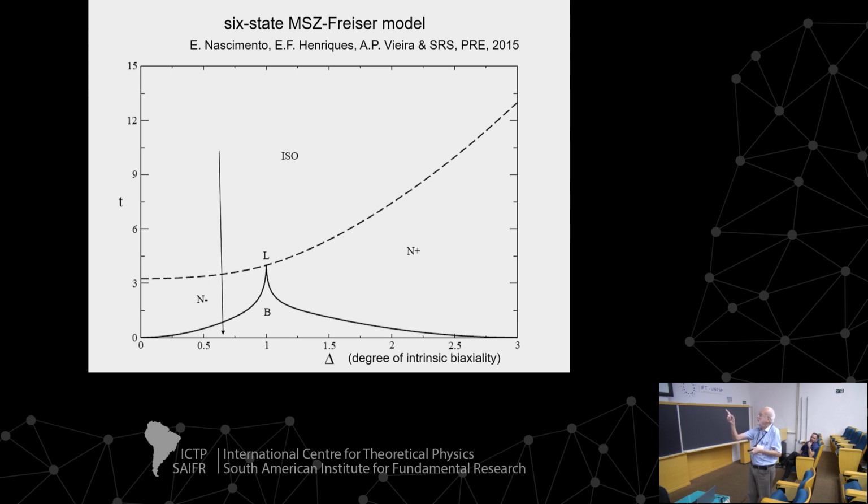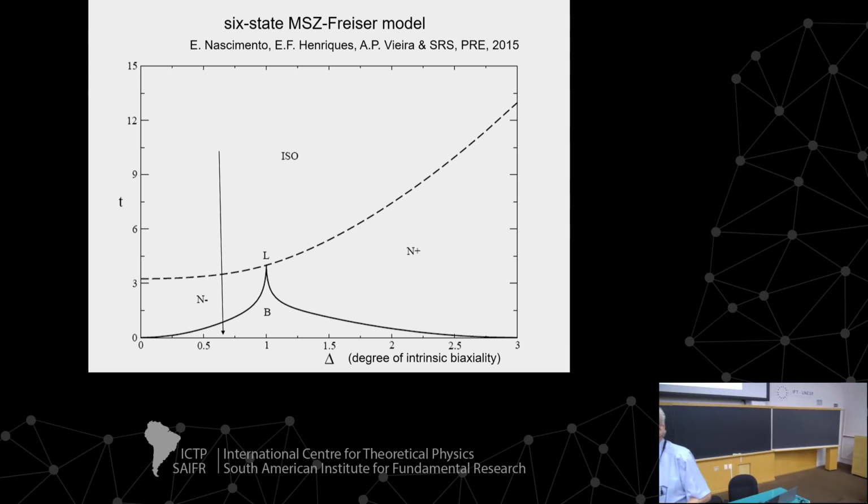See, it has a nematic phase of one type, a nematic phase of another type. It has a biaxial phase, and it has a Landau point. The transitions are first order, second order, etc. And this phase diagram is bona fide thermodynamically, and it does correspond to the experimental situation.